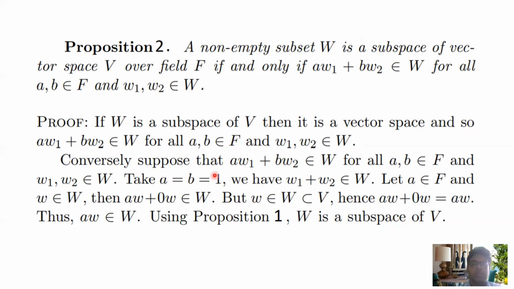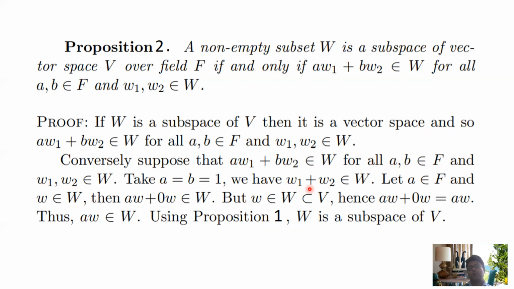Conversely, suppose aW1 plus bW2 belongs to W for all a, b belongs to F, and W1, W2 belongs to capital W. Take a equals b equals 1.